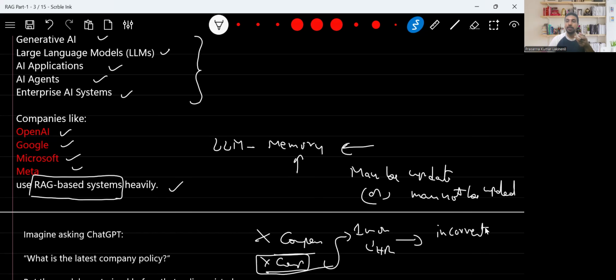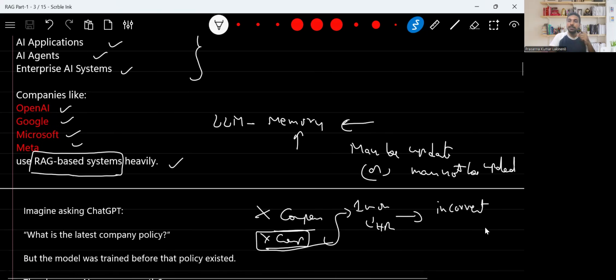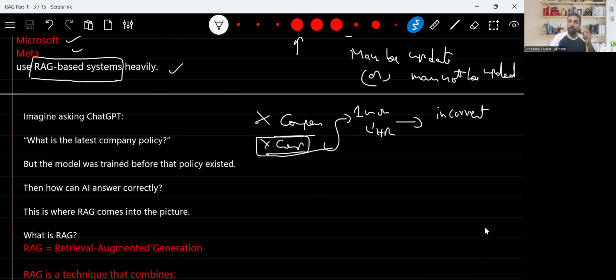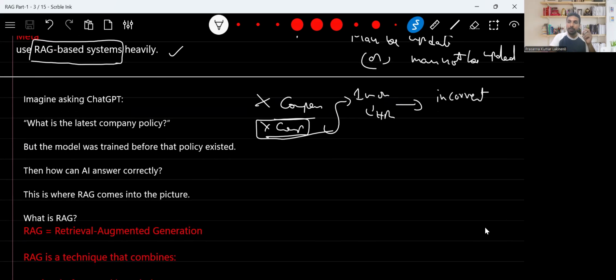What do we mean by hallucination? Even though it doesn't know anything and doesn't have the updated information, it tries to give some answer from its memory and from the previous knowledge it has on that particular query. In order to overcome this, the retrieval augmented generation concept evolved. Suppose you ask ChatGPT what the latest company policy is, but the model was trained before that policy existed.